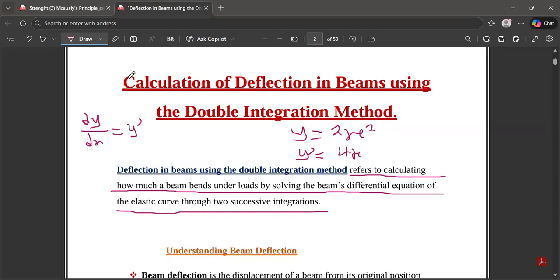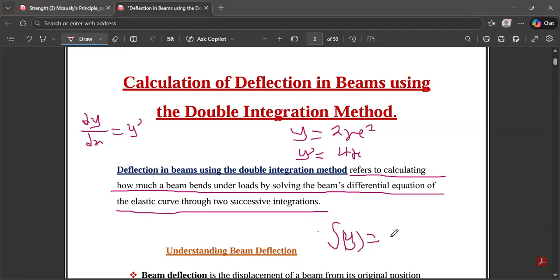Let's try to integrate this and see what we will get. In integration, what do we do? You add 1 to the exponent and use it to divide.